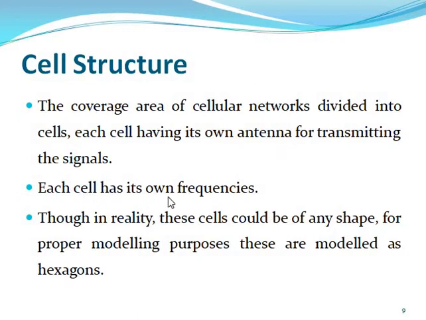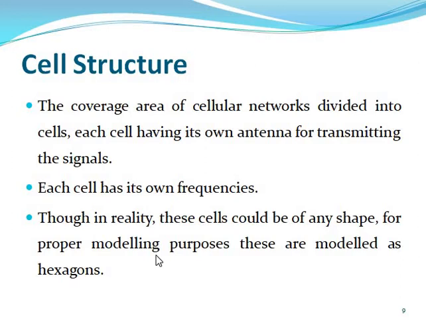Each cell is assigned a frequency because you have an antenna. If the frequency is high, then the cell's signal can be transmitted at a high level. In reality, a cell could be any shape, but for proper modeling purposes it is modeled as a hexagon.